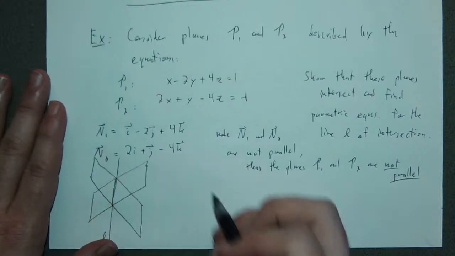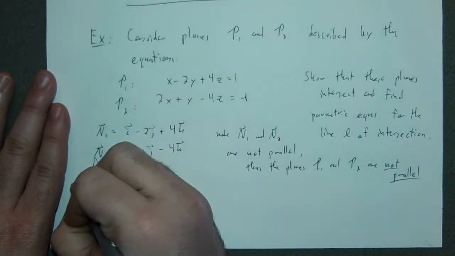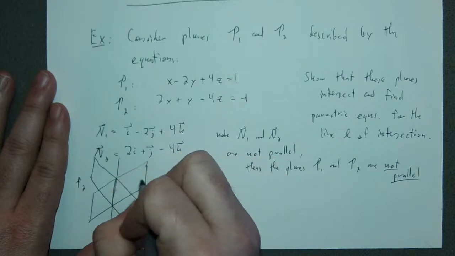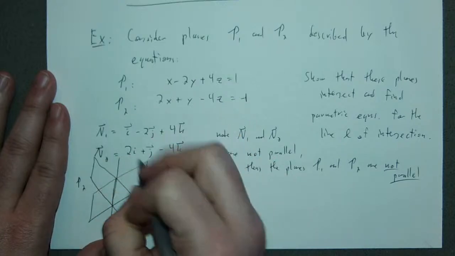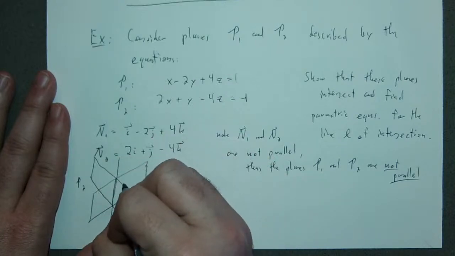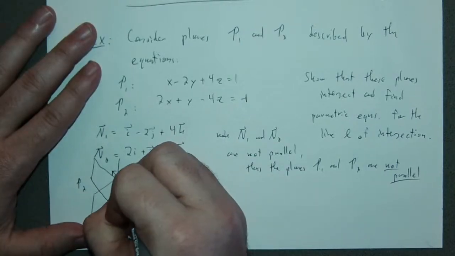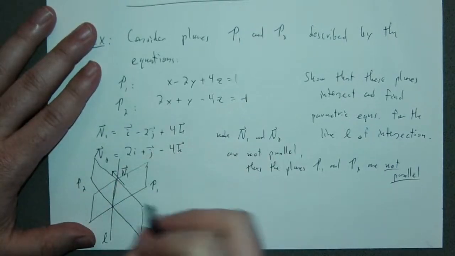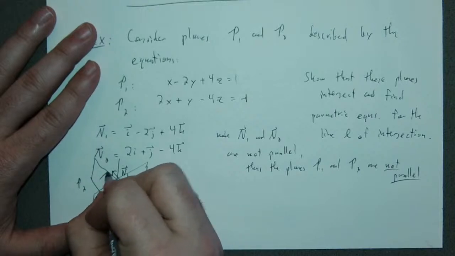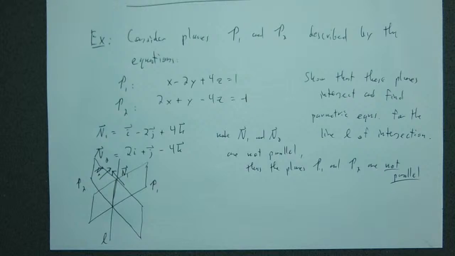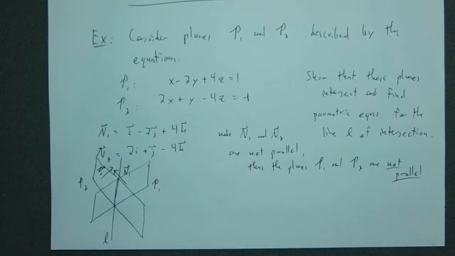This is not the greatest picture, but I have a normal vector. If this is script P1 and this is script P2, then I have a normal vector N1 that is normal to P1, and then another one that is normal to my other plane. What do I need in order to write the equation for this line L of intersection?